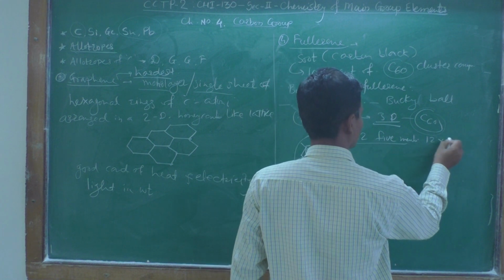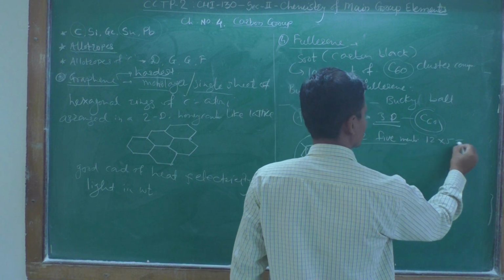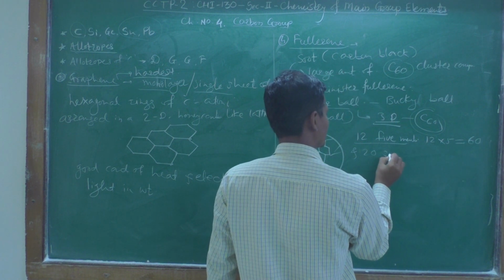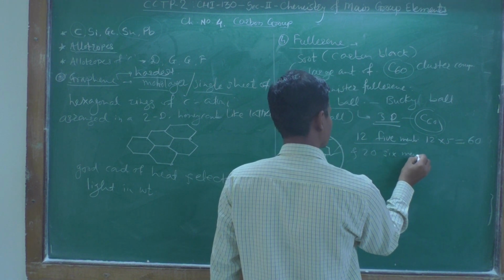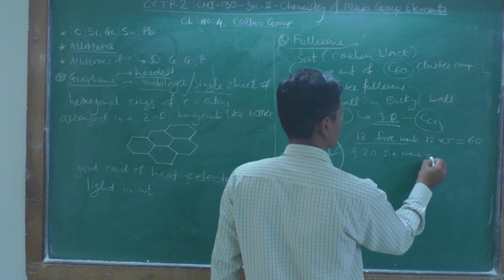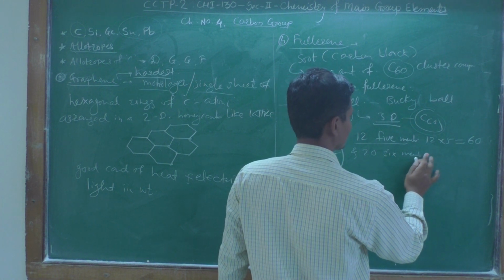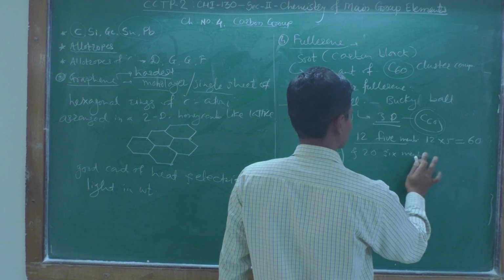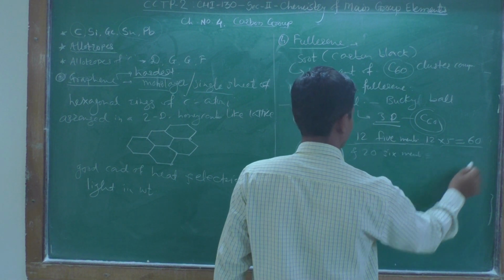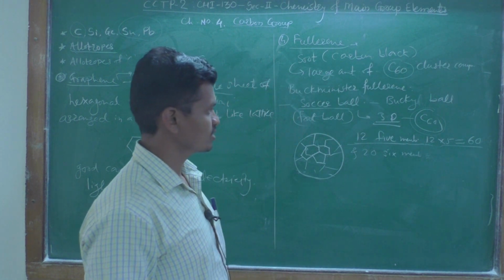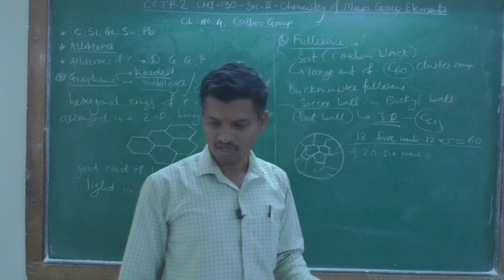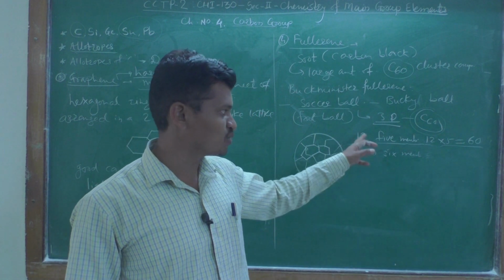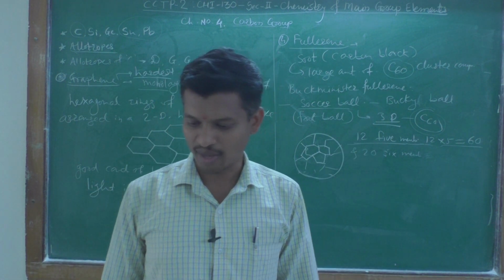So 12 times 5 is 60, and 20 6-membered rings. So this buckyball consists of 20 6-membered rings and 12 5-membered rings.